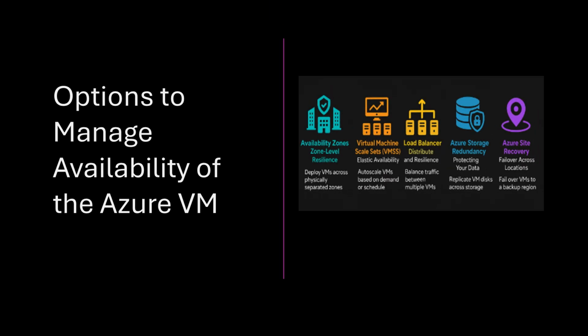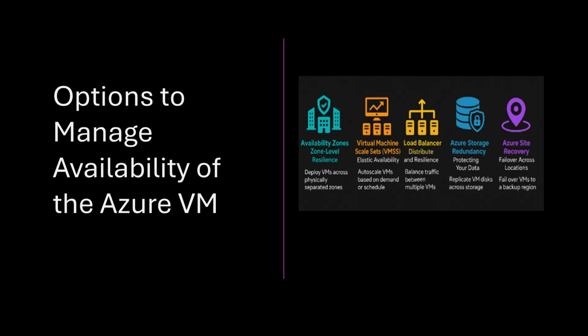Availability refers to the percentage of time a service remains operational. While 100% availability is the ideal, you have to prepare for the unexpected: hardware failures, maintenance events, or outages. In Azure, VMs are hosted on physical servers, and like all hardware, those servers can occasionally fail.